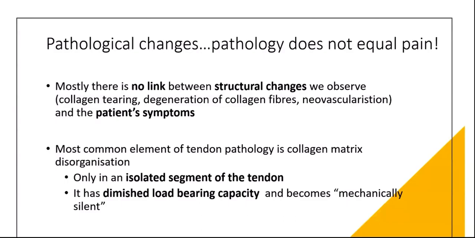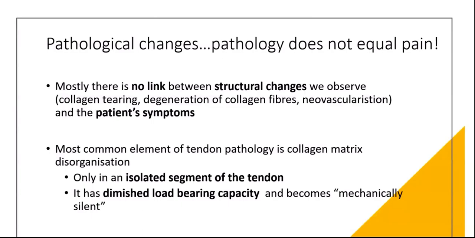But we have to realize that pathology does not equal pain. Mostly there is no link between structural changes we observe, for instance, collagen tearing, degeneration of collagen fibers, neovascularization. There's no link between this and the patient's symptoms.